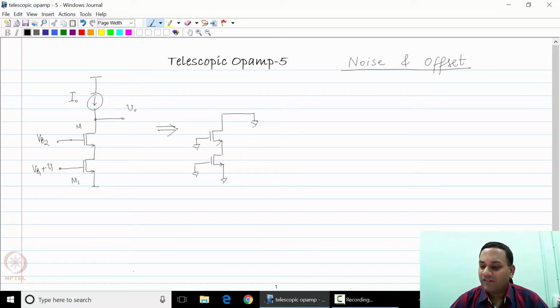So, we want to find out the short circuit noise, and in this particular case I will use this polarity for a very specific reason.